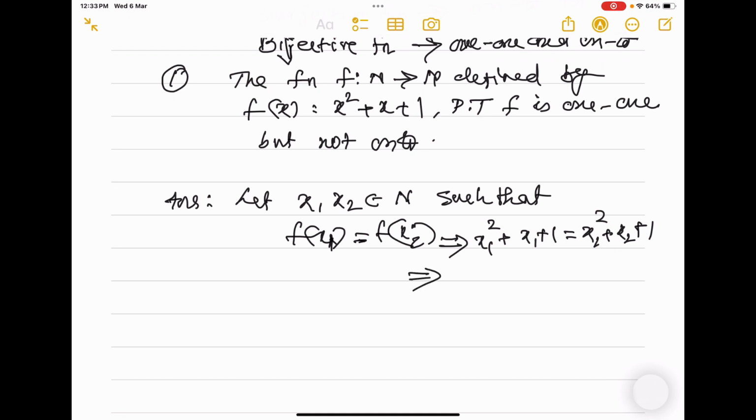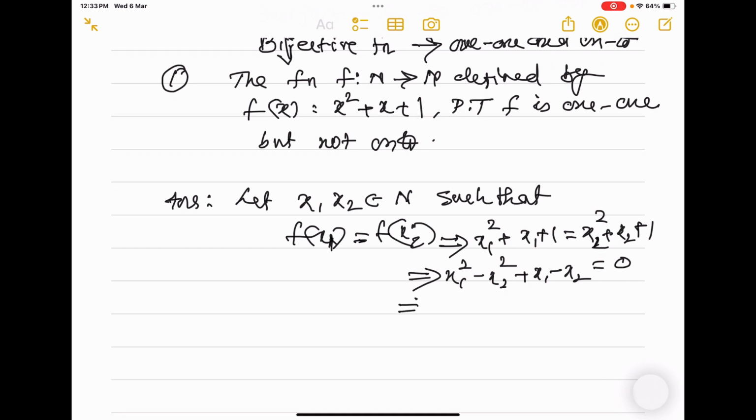That implies x1 square minus x2 square plus x1 minus x2, the 1 and 1 cancel. Therefore this is equal to 0.